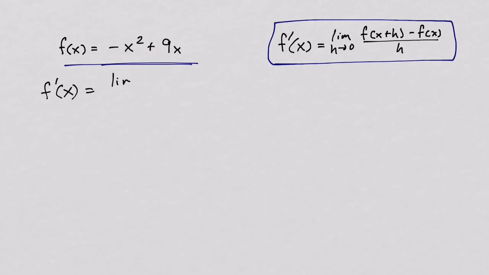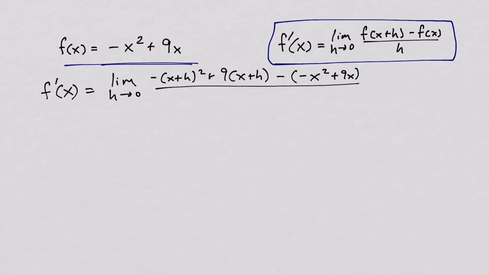So I'm going to start by carefully filling in the details. F of x plus h in this case is negative (x plus h) squared plus 9 times (x plus h). And then I want to subtract from that the original function, negative x squared plus 9x.